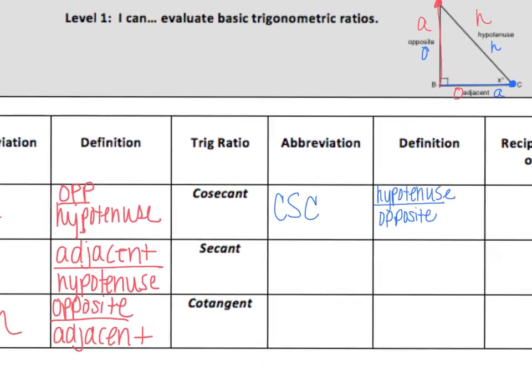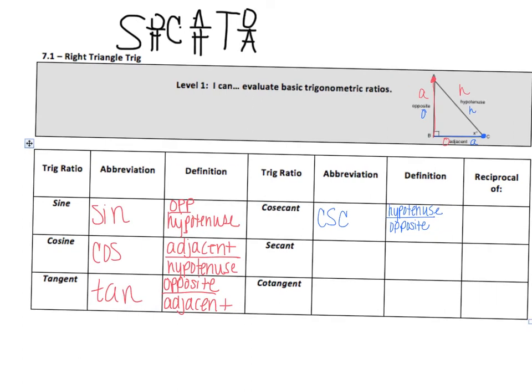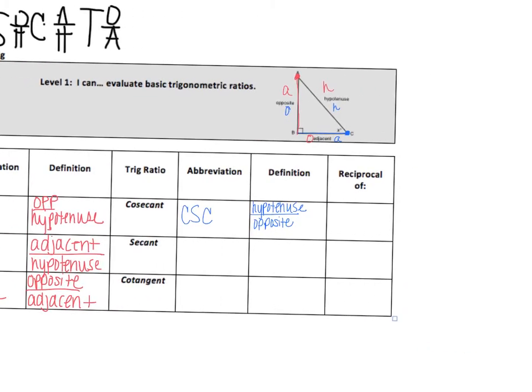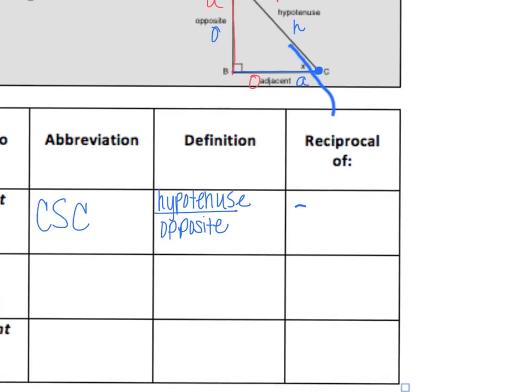You can notice that that's the reciprocal of sine. Notice sine was the opposite over the hypotenuse, and cosecant is going to be the hypotenuse over the opposite. So that's a reciprocal of sine.